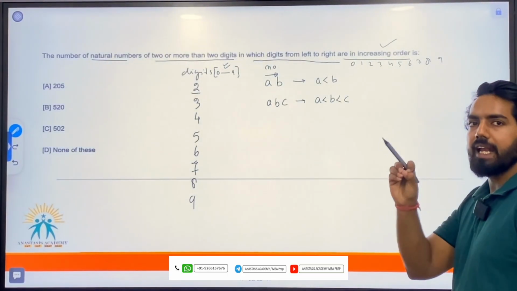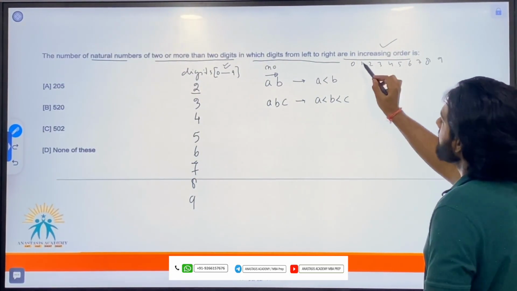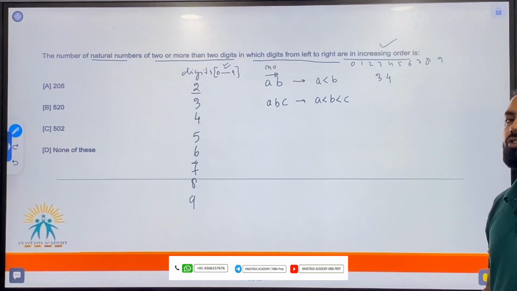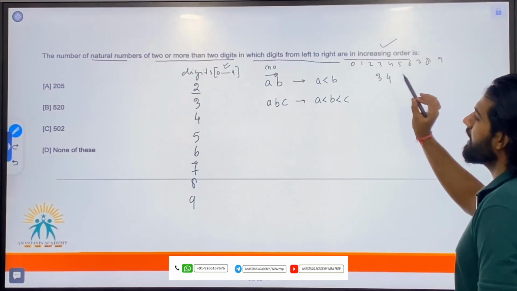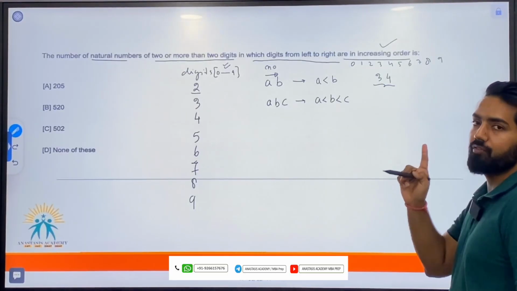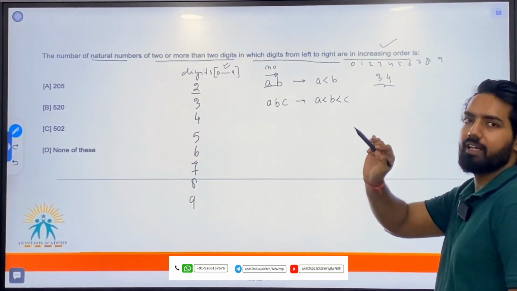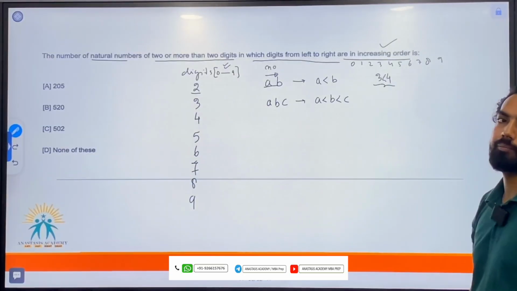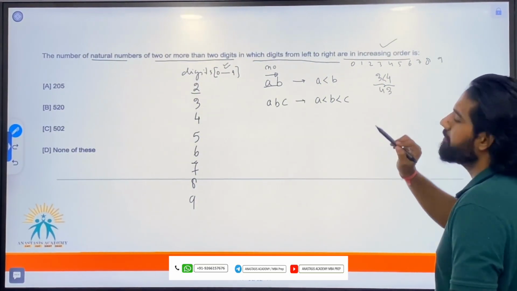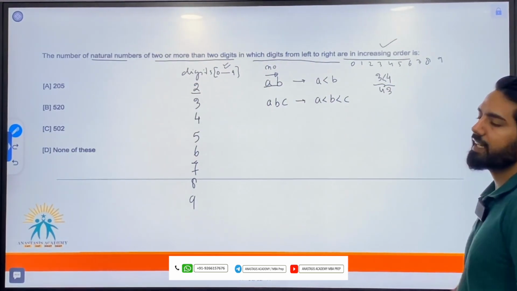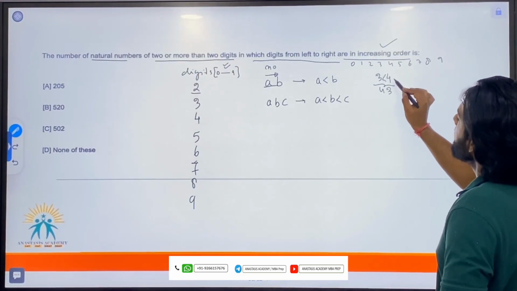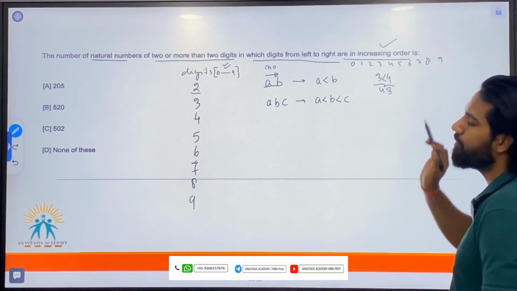If I choose any 2 digits, for example 3 and 4, there can be 2 numbers formed from these 2 digits, that is 34 or 43.